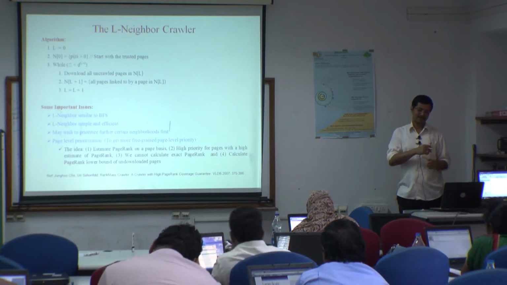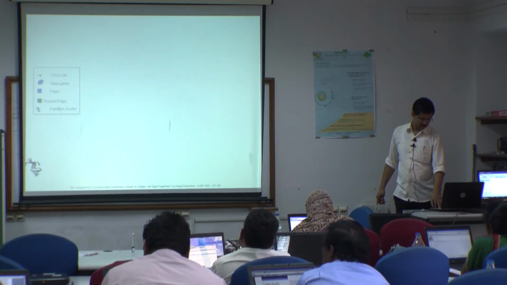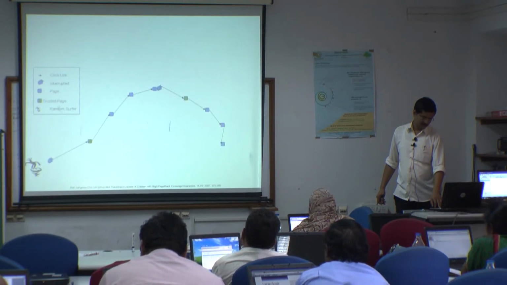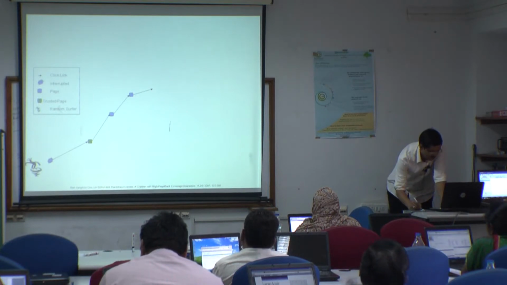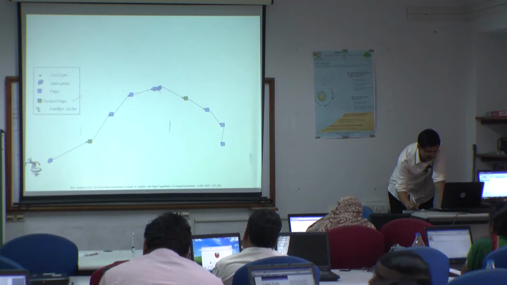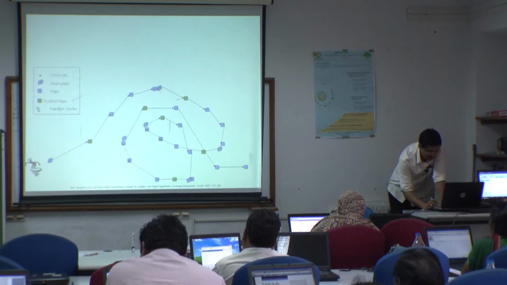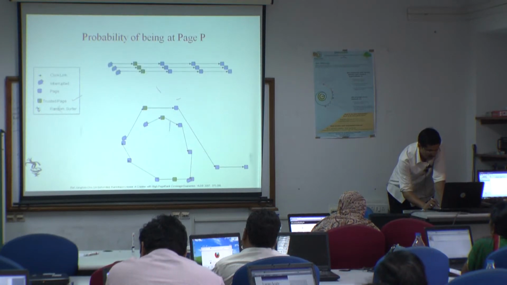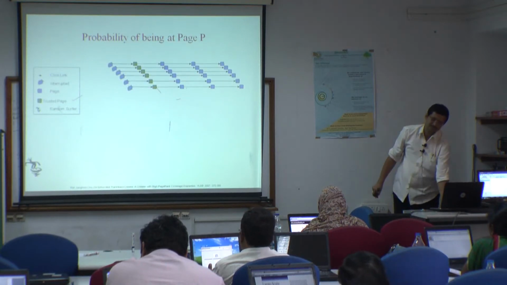If satisfied, then add that page and continue. This is a simple demo of how it works. Initially they started, and this is our trusted page. Now here an interruption occurs, again taken the trusted page, again continue, again an interruption occurs, again continue. After that you will have this many pages in your set.